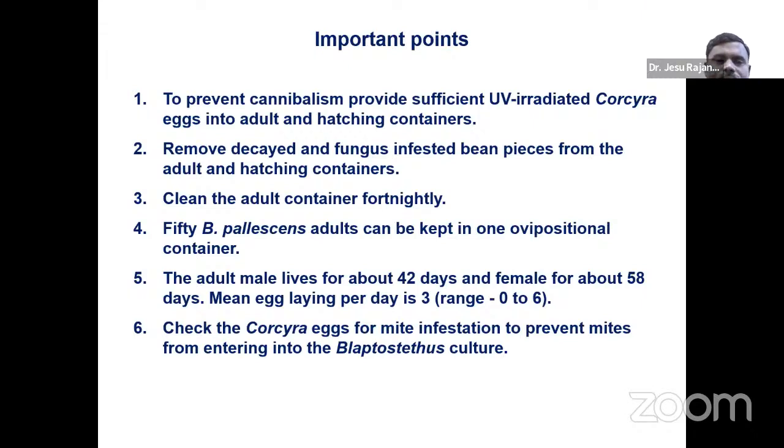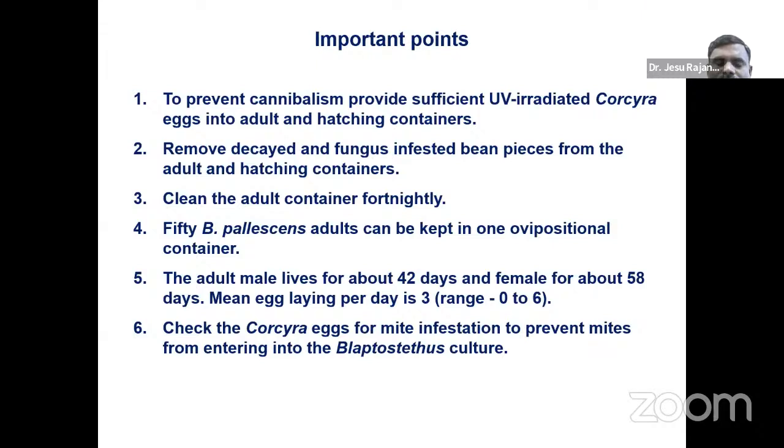Here I'm telling some important points. You know that with predators, cannibalism is very common. To avoid cannibalism, sufficient quantity of food is very, very important. So we will add UV treated Corcyra eggs. That is a very important point, not only for this predator, for all insects. The second important point is the French pin.